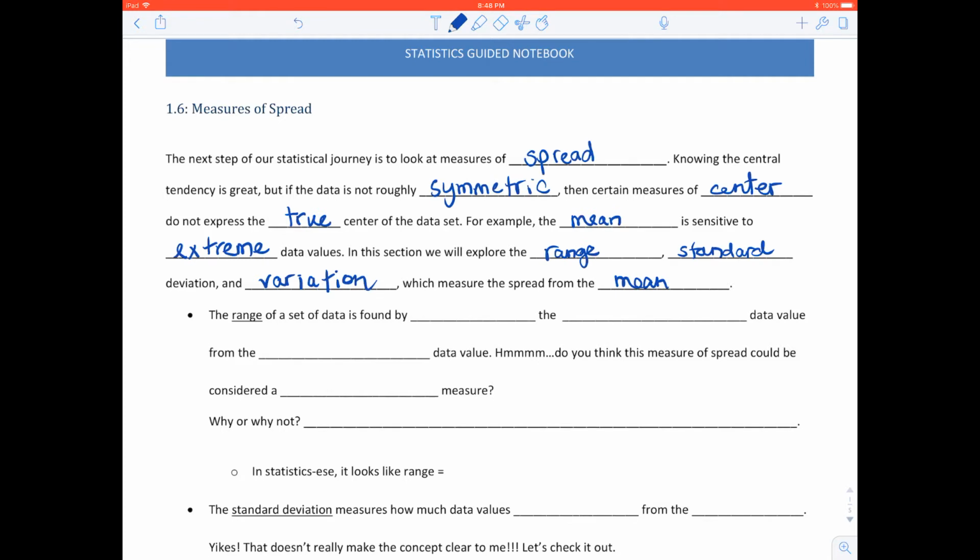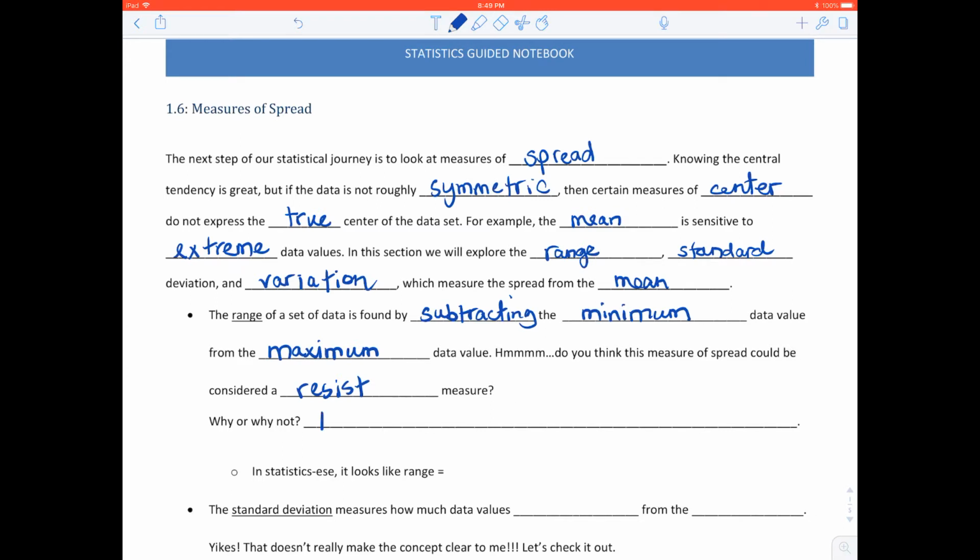The range of a data set is found by subtracting the minimum data value from the maximum data value. What do you think? Do you think this measure of spread could be considered a resistant measure?